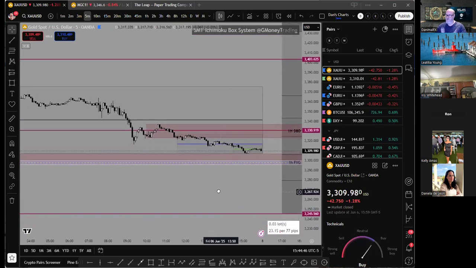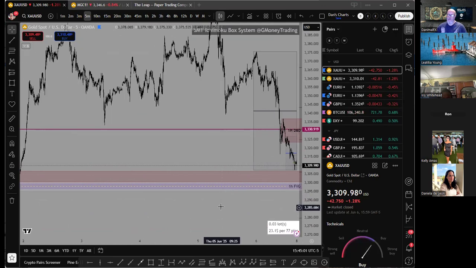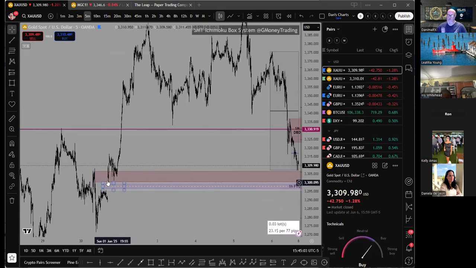Look at how close it is to testing it. You see, we're so close. There's a fair value gap all the way from the other side. But notice what stopped it. Remember, I drew this little pink zone because there's some supply in there, where the price is just above.